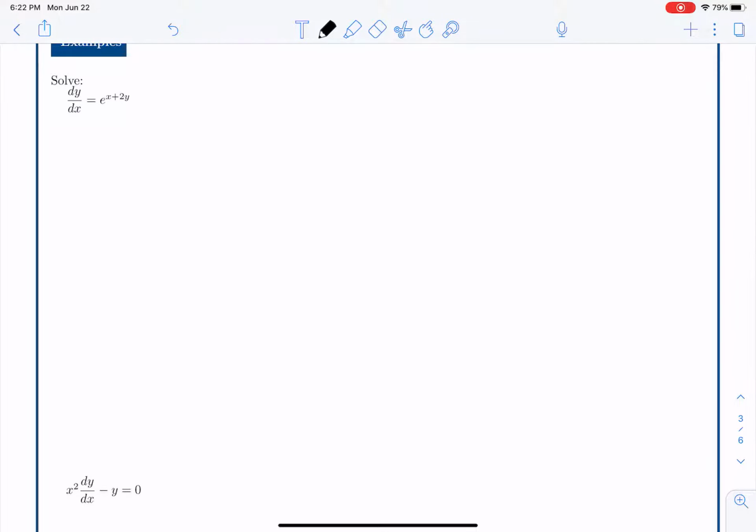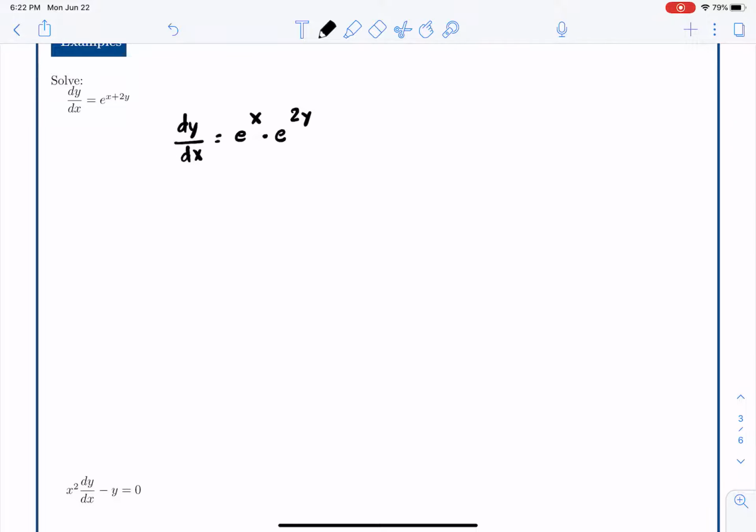Here we have a first-order differential equation involving exponentials, and we'd want to know if the equation is actually separable. By the looks of it, it seems that it is not separable, but if we did some algebra here, I could write e raised x plus 2y as e raised x times e raised 2y.